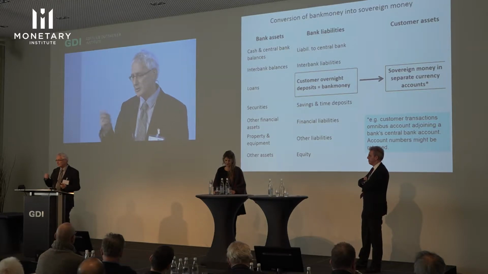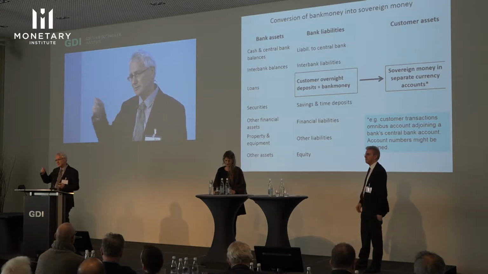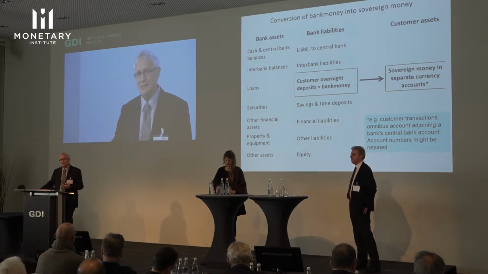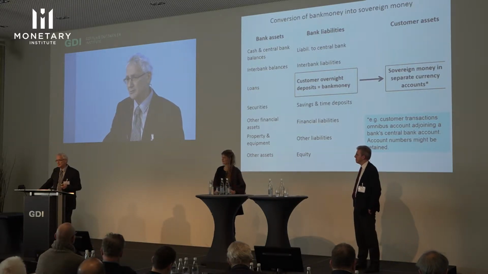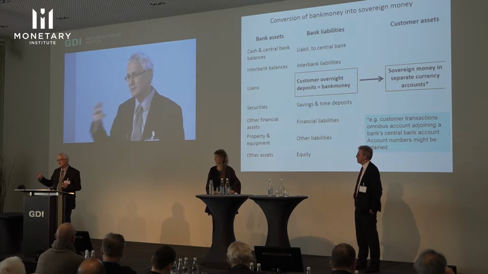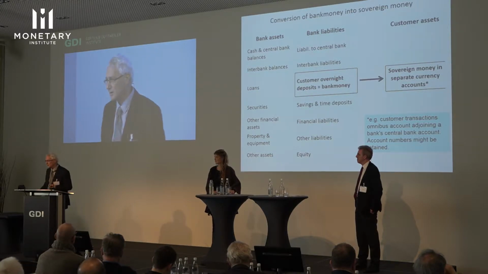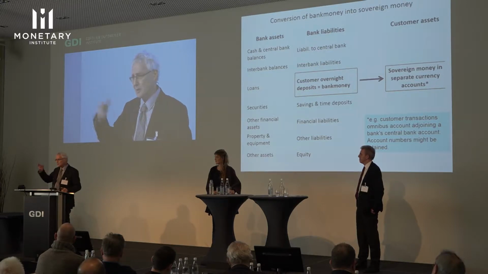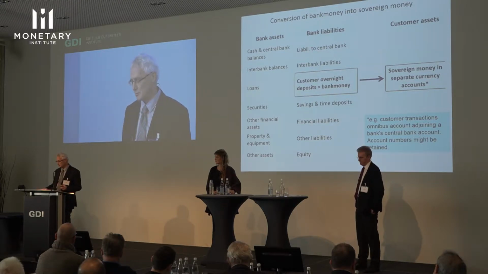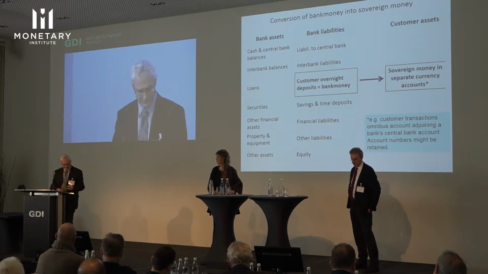So, say, customer transaction omnibus accounts. And in this case, even the current account numbers might be retained, because such account numbers are a combination of a bank's sort code and an individual account number, and so we could keep that.